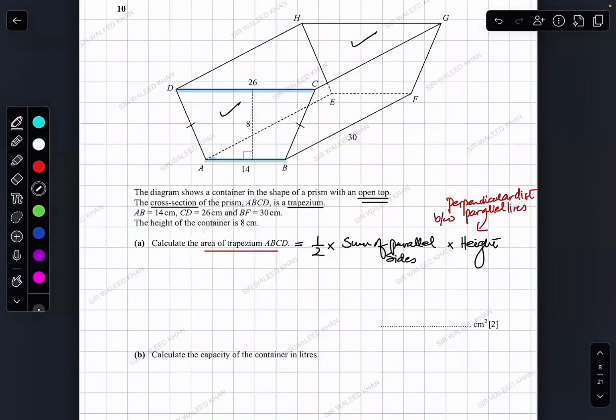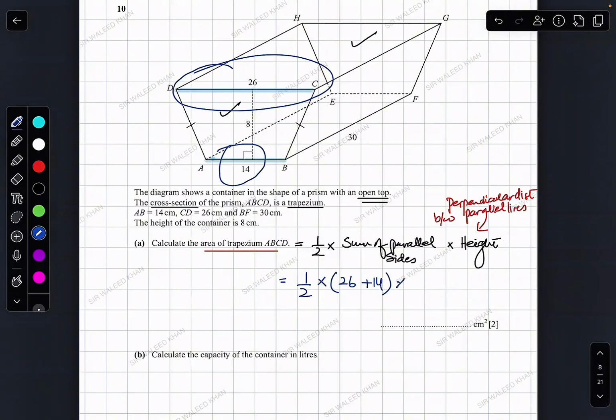So 1 by 2, sum of parallel sides. The first one, 26 plus 14. These two are parallel sides. Times the height. Height is 8. So work it out.